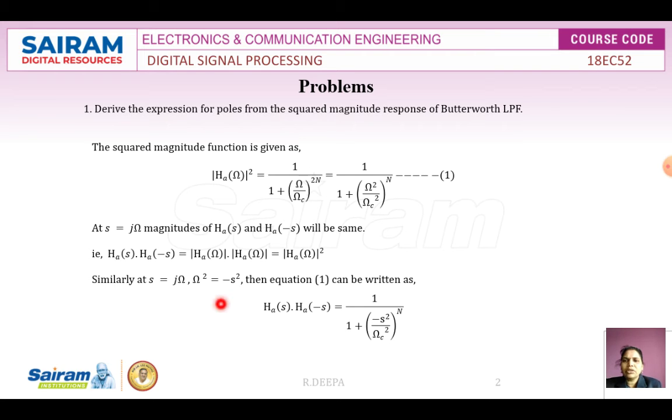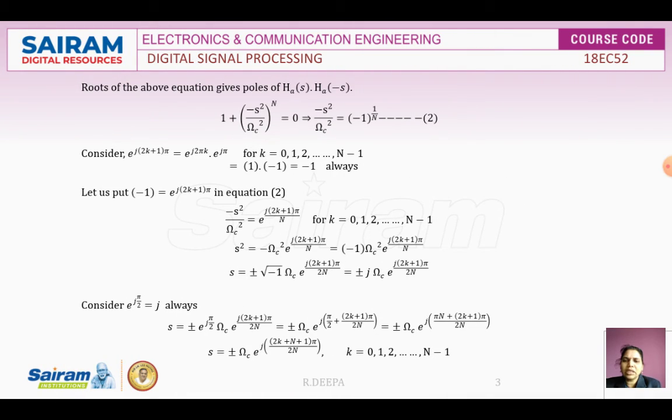Actually, it was asked to derive the expression for the poles, so that is what we have derived. The final equation for the s_k pole can represent each and every pole in terms of s0, s1, s2, and you can substitute the corresponding value of k here, so that you will be able to determine the location of each pole.